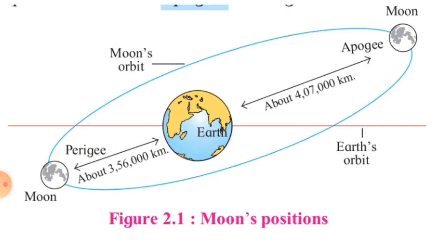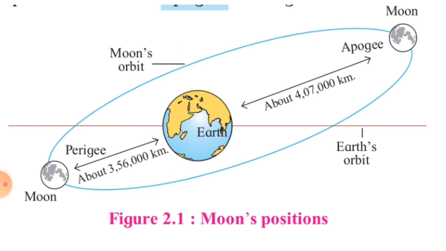See the figure 2.1, which shows moon's position. Here the moon, when it is the closest to the earth, here in the figure it is closest to the earth about 356 kilometer from the earth.